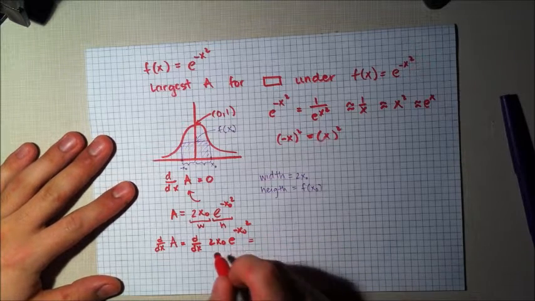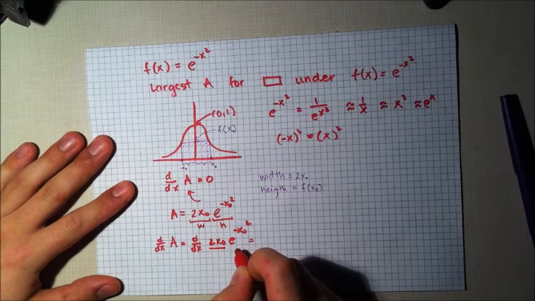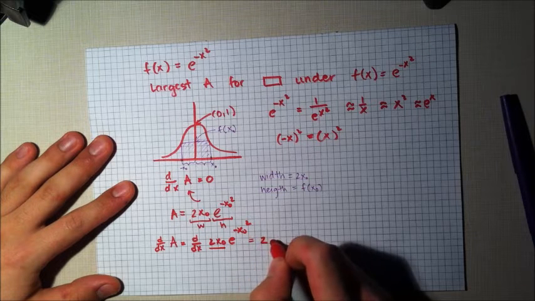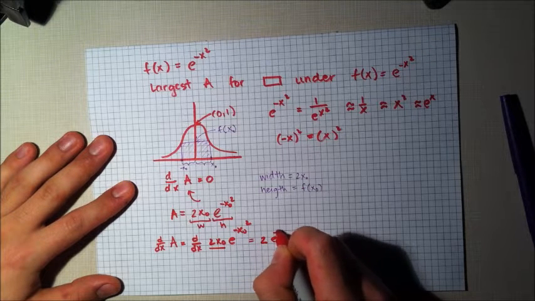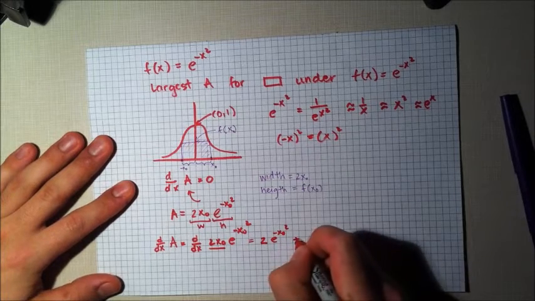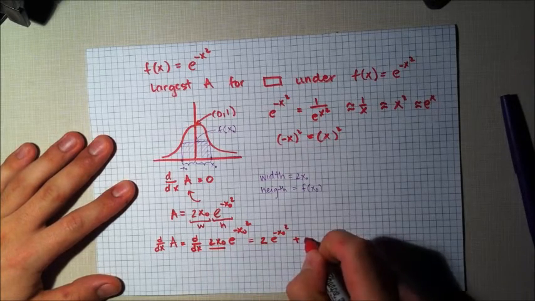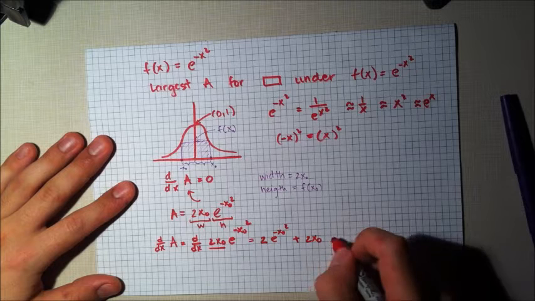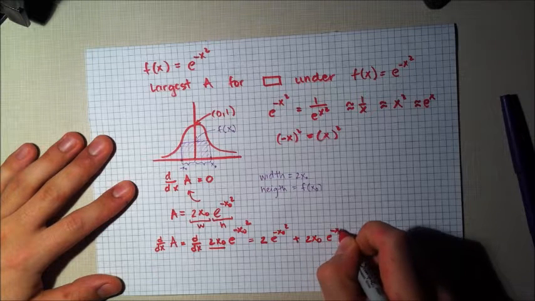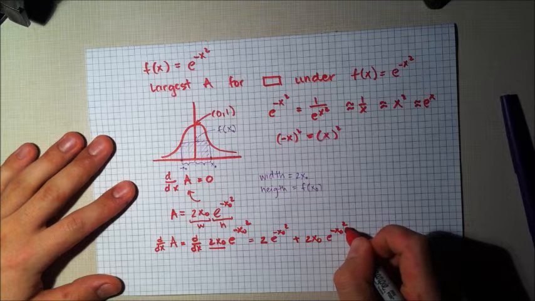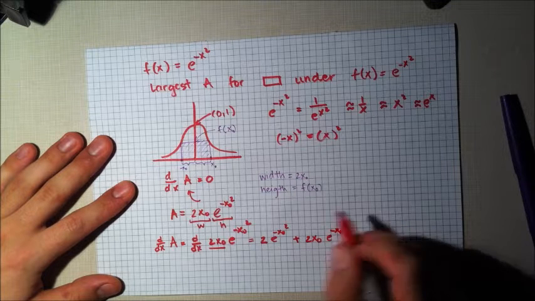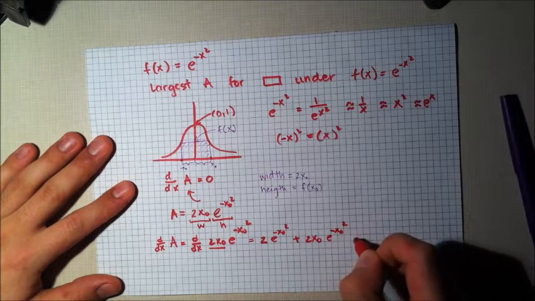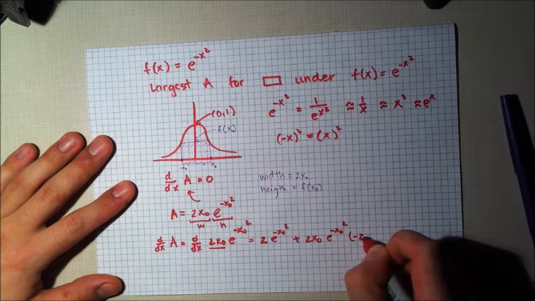Now for that, we're going to first take the derivative of the first element and leave the second one untouched, so it's going to be 2 and the second one untouched is e to the negative x naught squared, plus leave the first one untouched, which is 2x naught, and then take the derivative of the second, which is going to be e to the negative x naught squared, applying the chain rule here. Oh, I'm sorry, I called this a chain rule. This was a product rule. Alright, applying the chain rule here, we're going to have negative 2x.